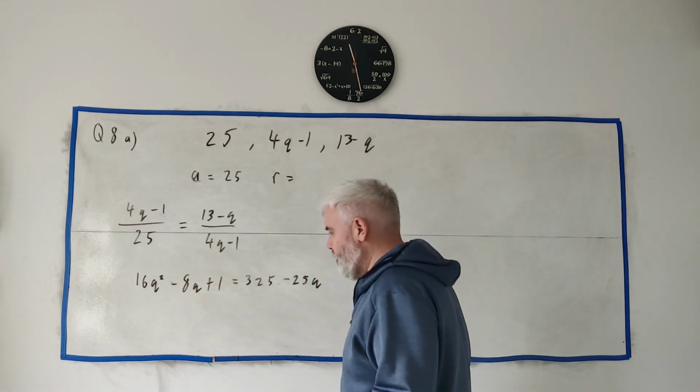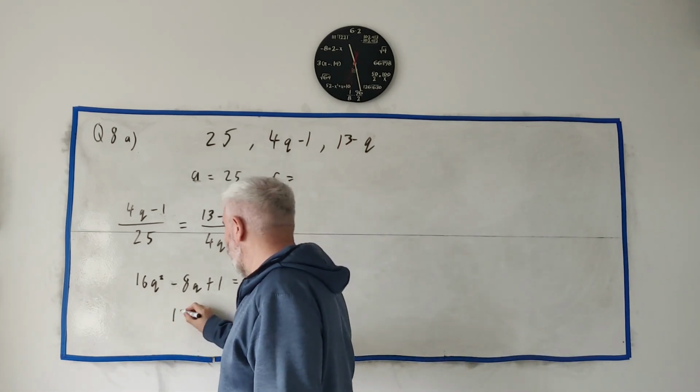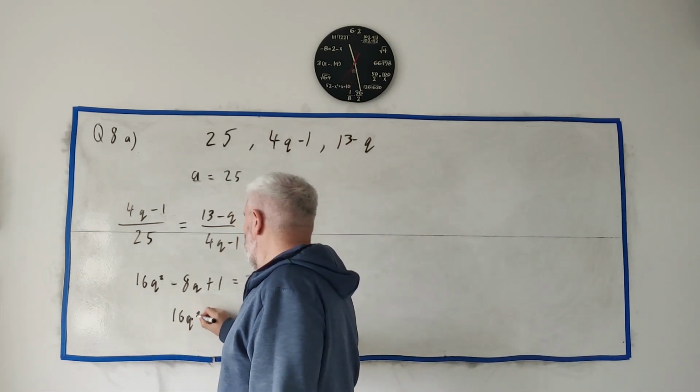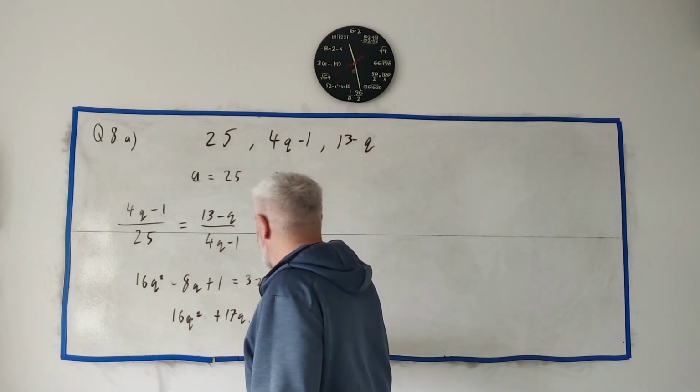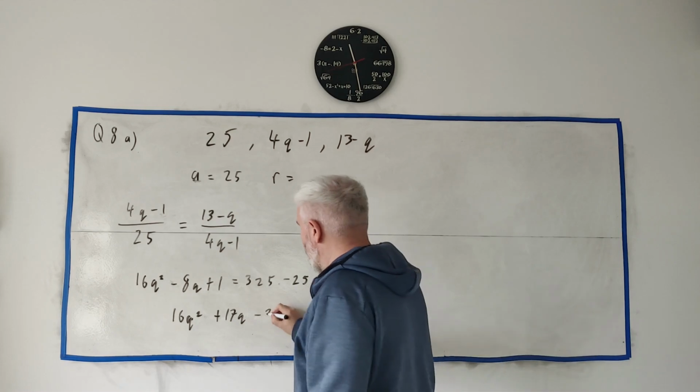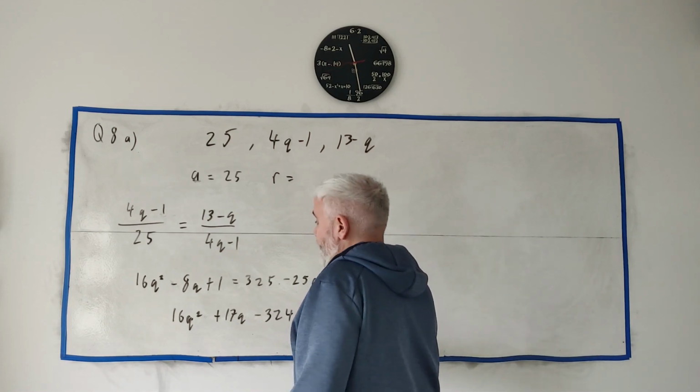Get everything over the same side, so we have a quadratic. We will get 16q squared plus 17q, and minus 324 equals 0.